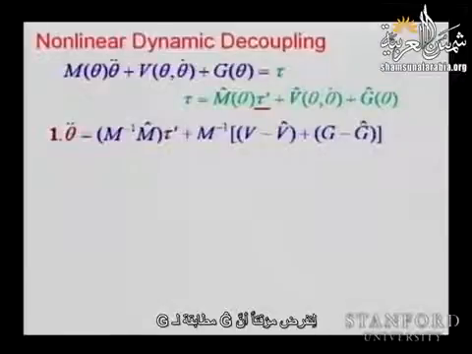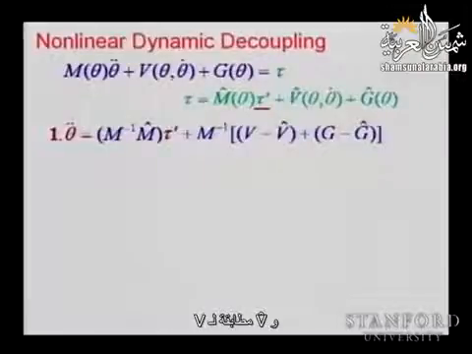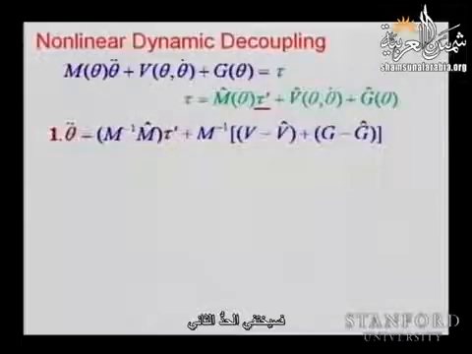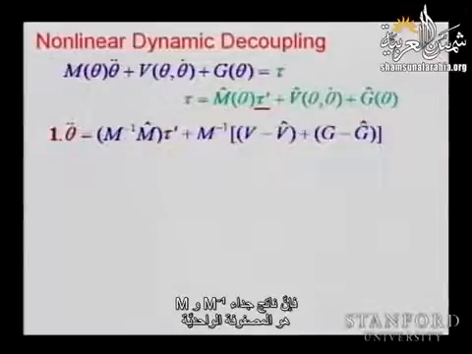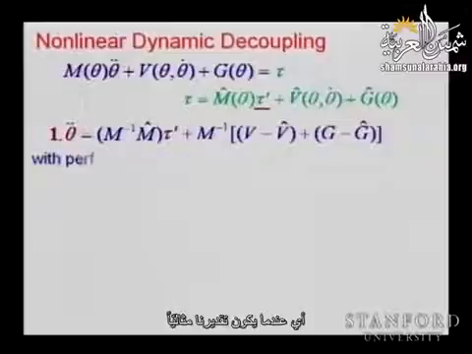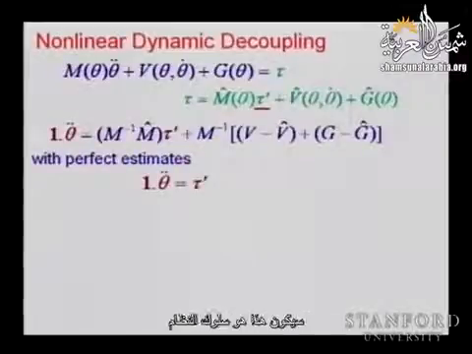Suppose that G hat is identical to G, just for a second, and V hat is identical to V. The second term is going to disappear. It will be 0. M minus 1 and M hat: if M hat is identical to M, M minus 1 M hat is identity. So with perfect estimates, this is your behavior.